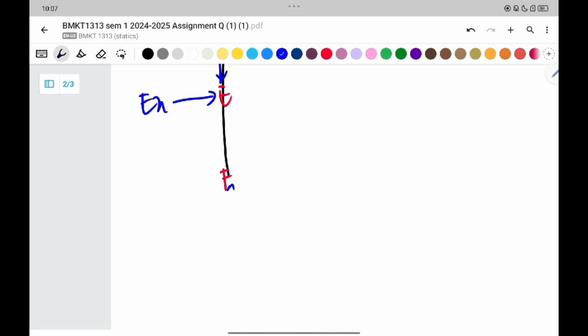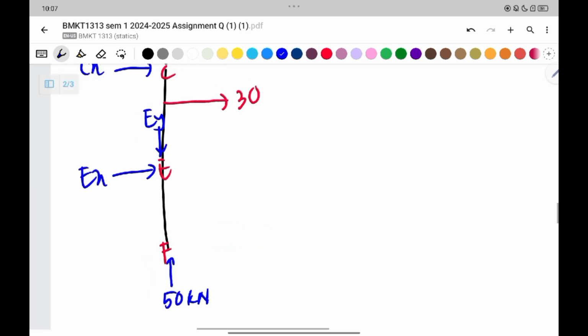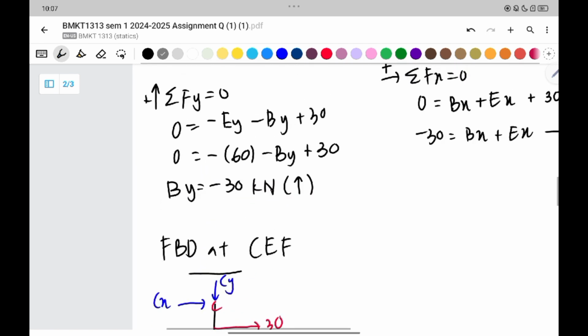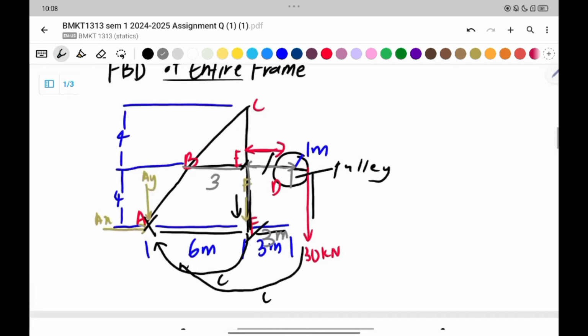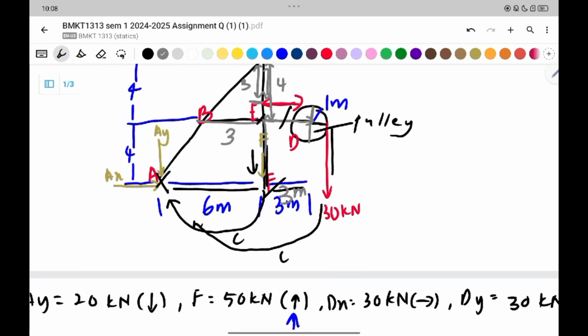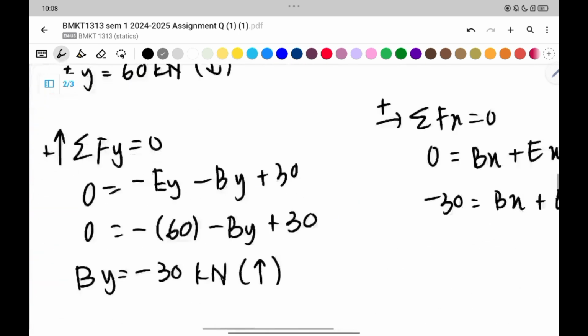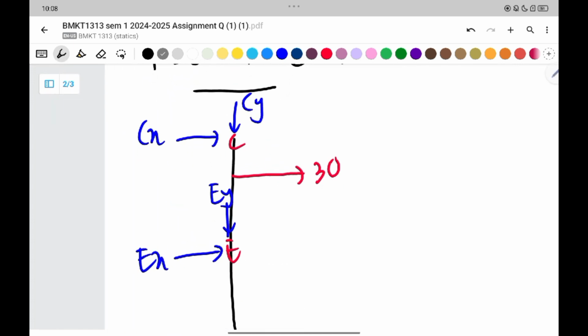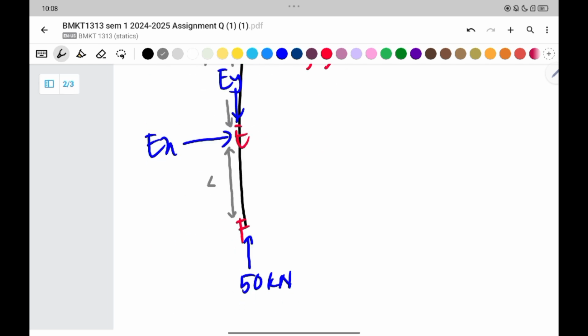Now we need to know the lengths if we want to take moments. C to E is 4, while the radius here is 1, so 4 minus 1 is equal to 3. And E to F is 4. So here to E is 4, while C to here is 3, and here to here is 4.